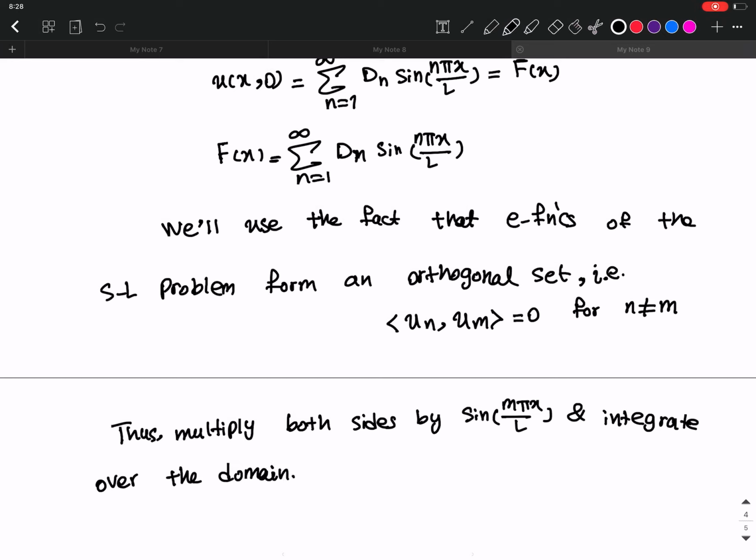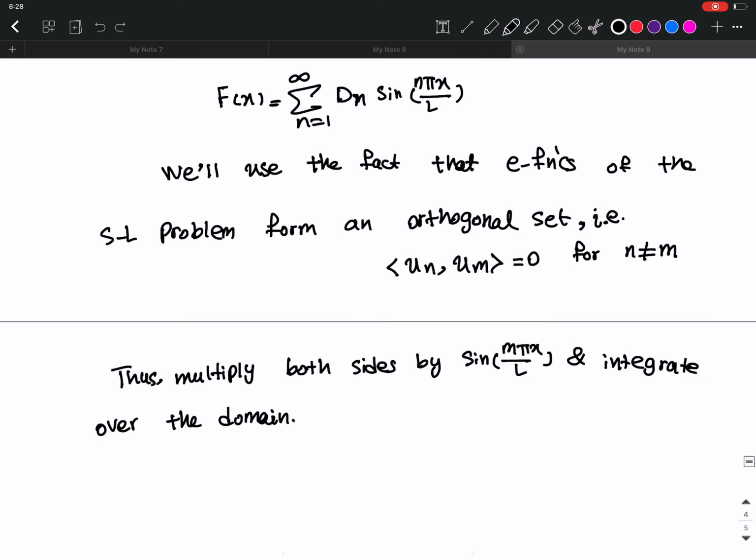Okay, so this is actually the definition of this orthogonality or orthogonal set, or L2 norm in the Hilbert space that we discussed last time. So I'm going to do this for this equation for both sides. I'm going to multiply it by sine m pi x over L and take an integral over the domain.